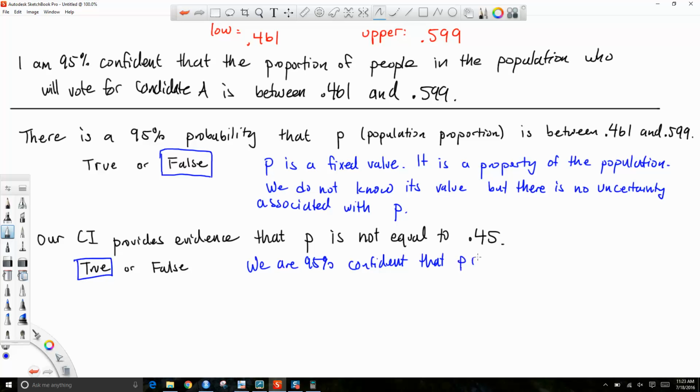So we are confident that P is not 0.45. Okay? So we can say we have evidence against P being 0.45.